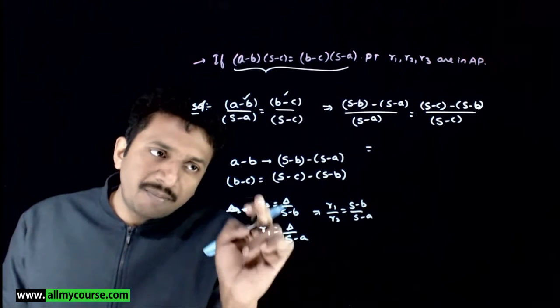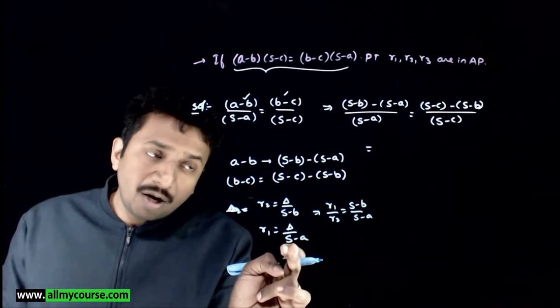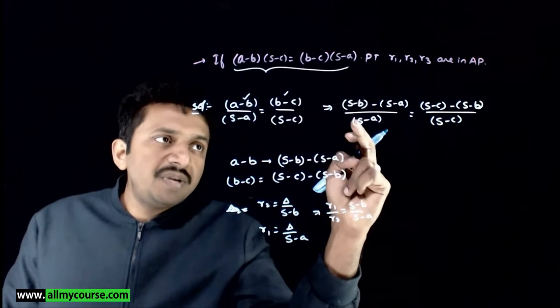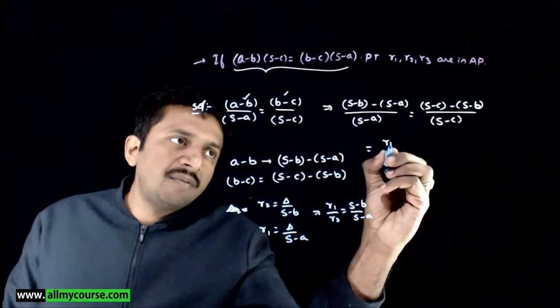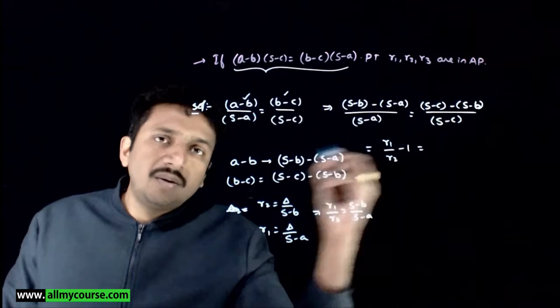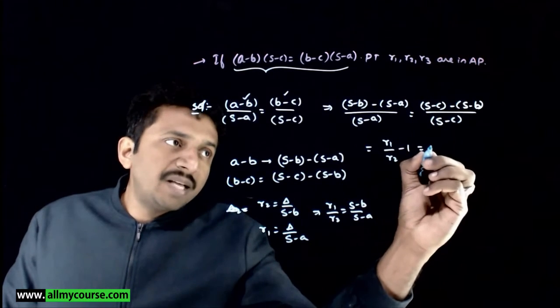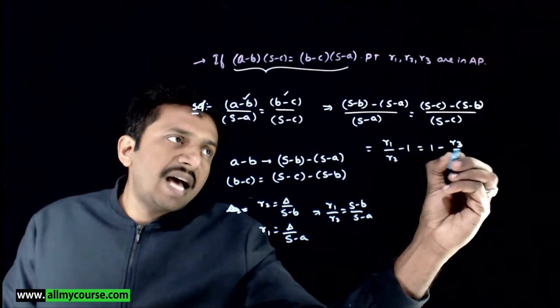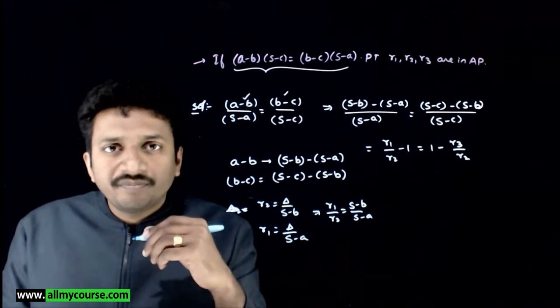So can you see this? R1 by R2, in the denominator you get s minus a, in the numerator you get s minus b. So (s minus b) by (s minus a) can be written as R1 by R2, minus 1 is equal to (s minus c) by (s minus c) is 1, minus (s minus b) by (s minus c) can be written as R3 by R2.